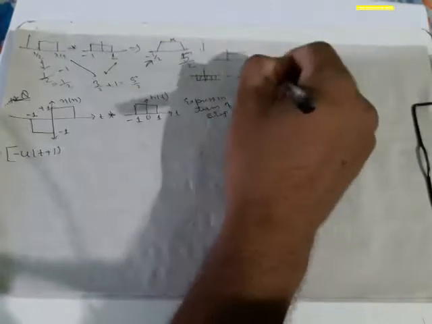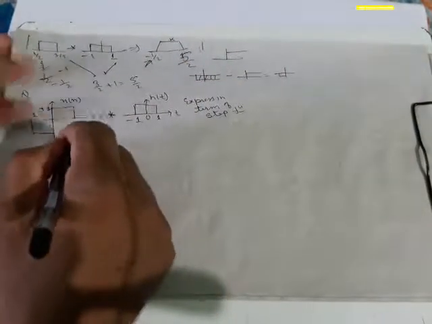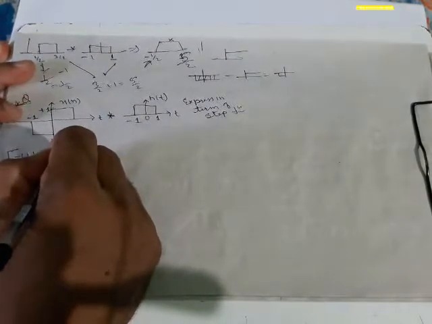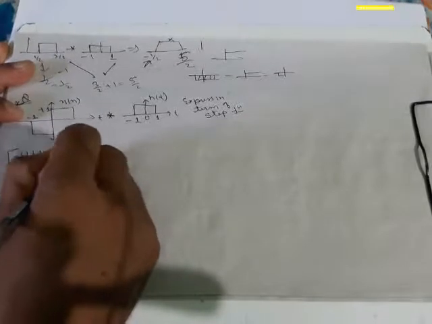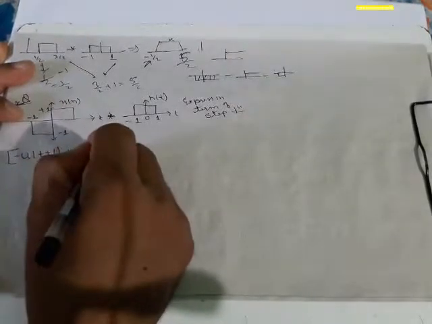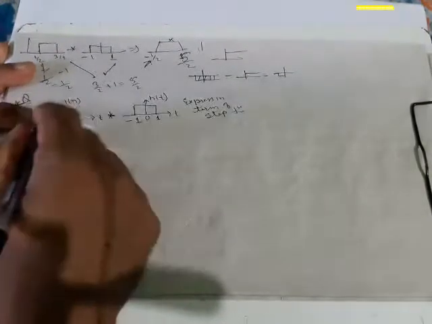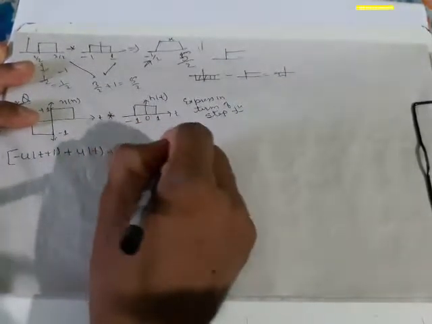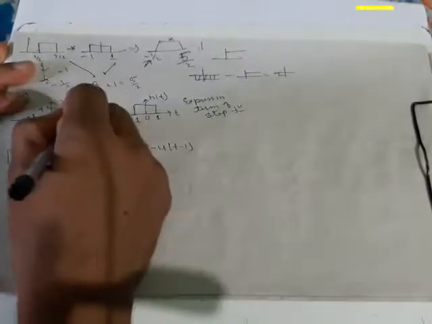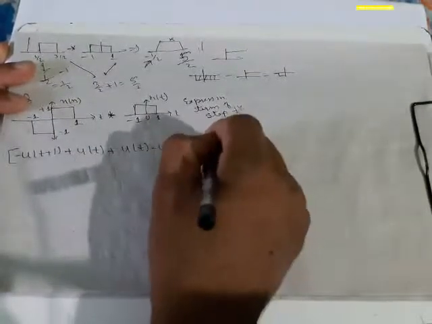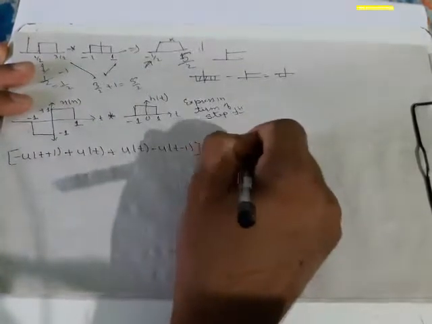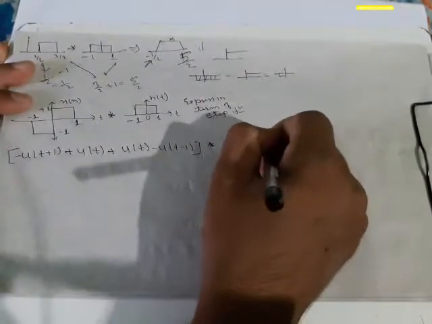For the sixth one, we will get r of t minus 2. So this will cancel out. It is nothing but minus r of t plus 2, plus 2 r of t plus 1, minus 2 r of t minus 1, plus r of t minus 2.